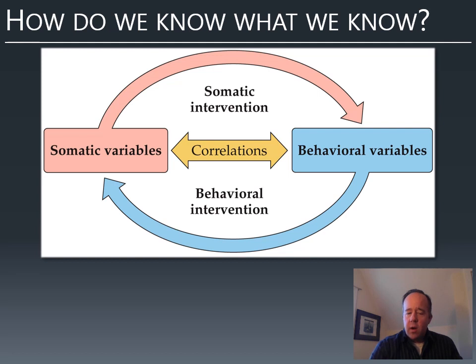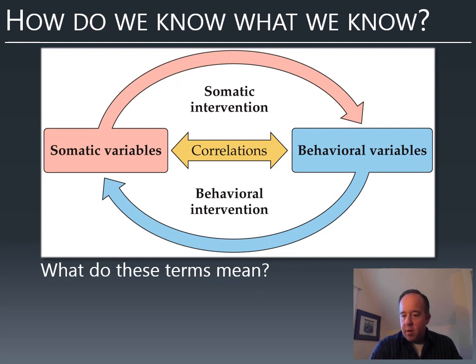So those two big categories, how do we know what we know? Well, we have terms like somatic intervention, somatic variable, behavioral intervention that we see here. And the question is, what do these terms mean? Well, broadly, the word somatic means having to do with the body. And really here, somatic for us is going to mean the brain.